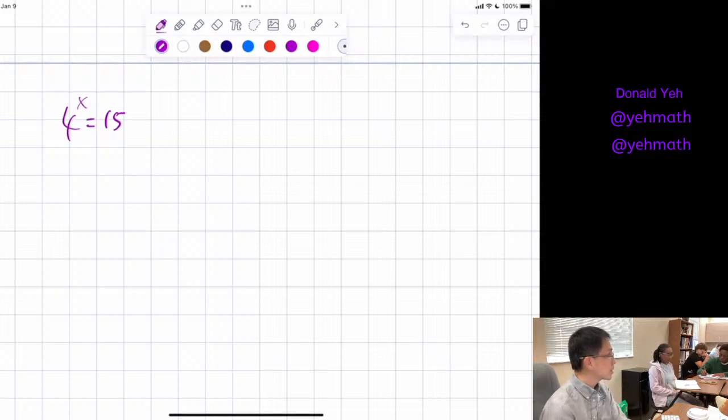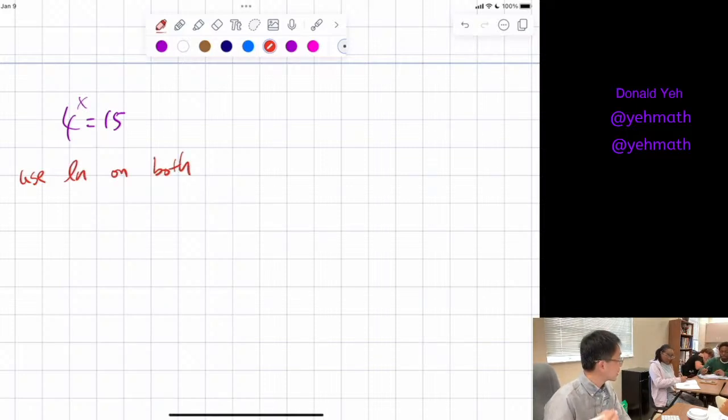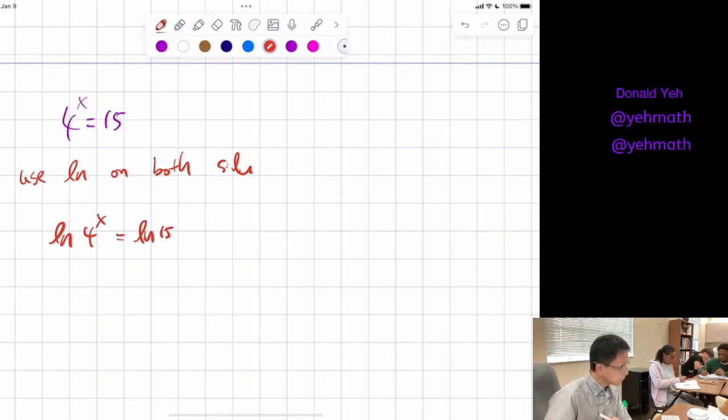But I'm going to use natural log on both sides. Remember, you can do something to both sides of the equation. I think this one is natural log of 4 to the x equal to natural log of 15. Why do we use natural log? Why do we take natural log of both sides? McKenna?